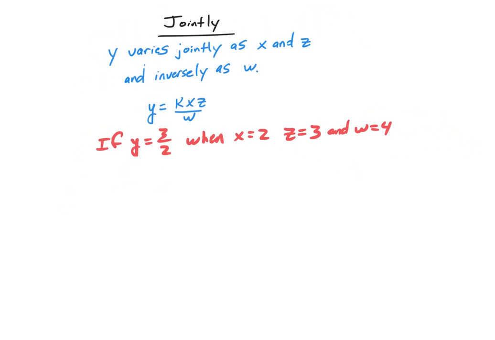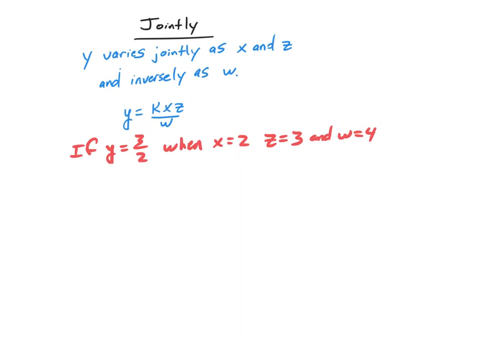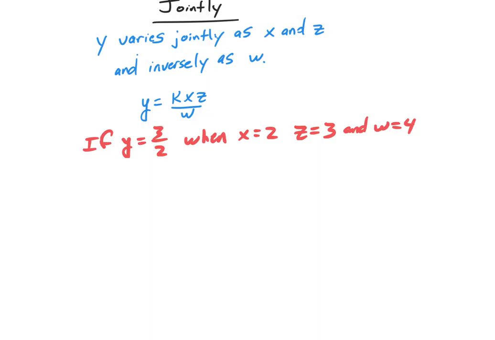Now, I'm not going to write that part out, but same directions as what we did on the last couple. Okay, they're telling me everything except for k. K is the only thing we don't know. We're trying to figure out what that constant is. So every time we get a problem like this, we're going to input all of that information into the equation that we just wrote out, and then we're going to work backwards to find k.